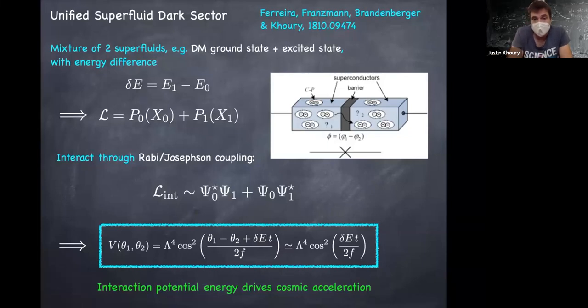So the basic idea we had is that the energy difference between the two states will lead to a potential, which is the cosine squared of that energy difference times time, and that kind of time-dependent potential, which simply owes to the interaction energy of these two forms of dark matter, can back react and drive late time acceleration.